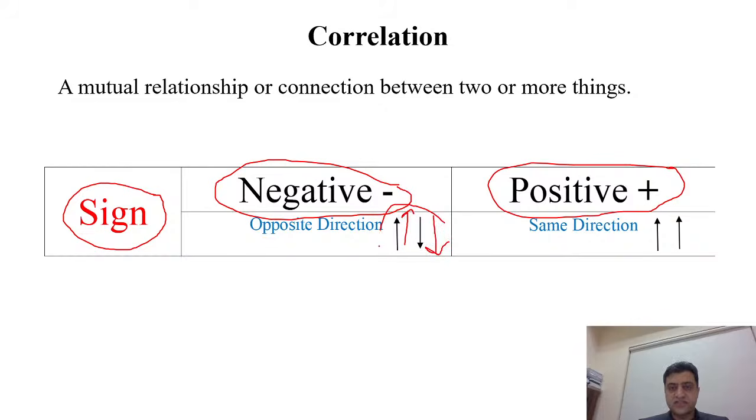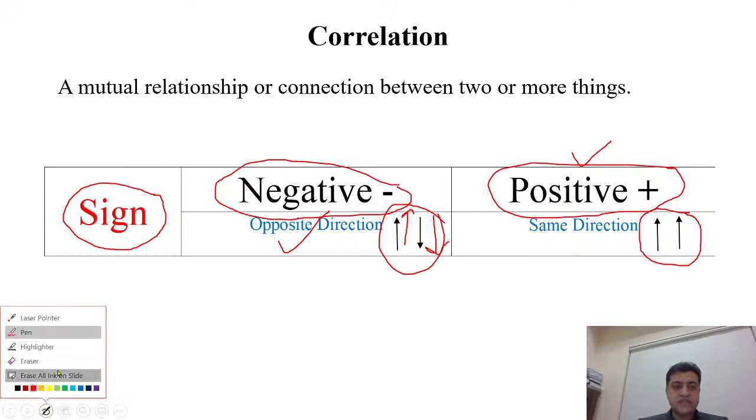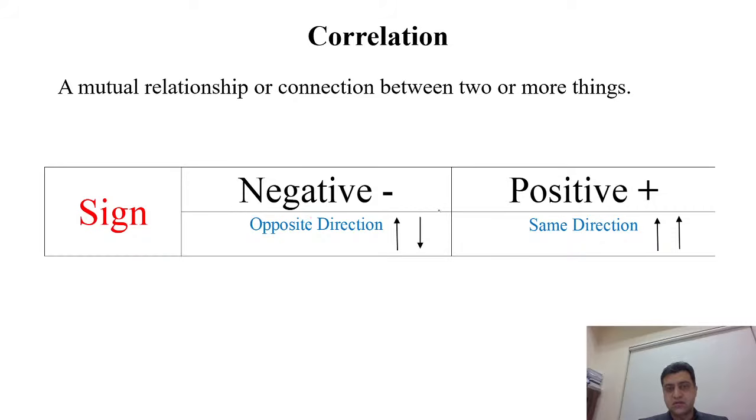If this is the relationship, then it is going to give us a negative sign. But if there's a positive relationship, then one thing increasing will lead to an increase in the other thing. So a negative sign you can call an inversely proportional relationship, and a positive sign a directly proportional relationship. This is the first thing that we need to understand.